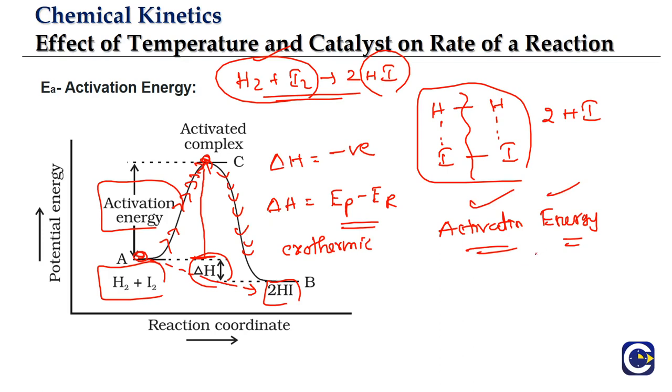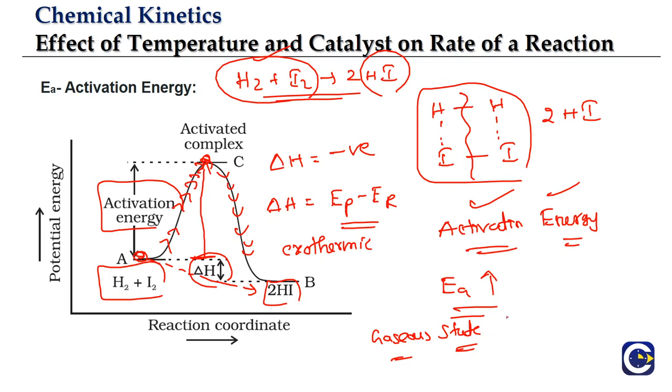If you look at the entire set of reactant species, our focus will be on what fraction of molecules are having energy more than the activation energy, because the energy profile will be spread. We have talked about in the gaseous state also that the energy of the gas particles or molecules will be distributed.